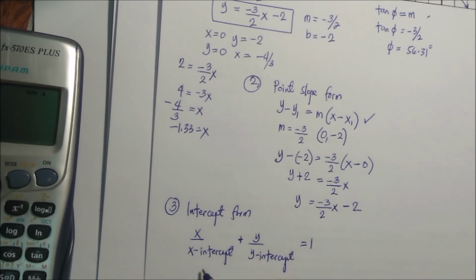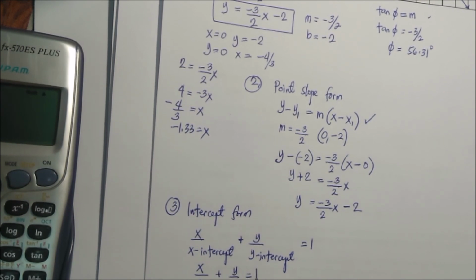In some other books, they write it as x over a plus y over b equals 1, where a is the x-intercept and b is the y-intercept.